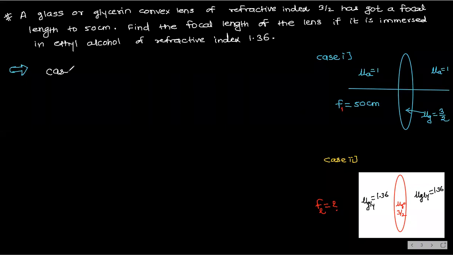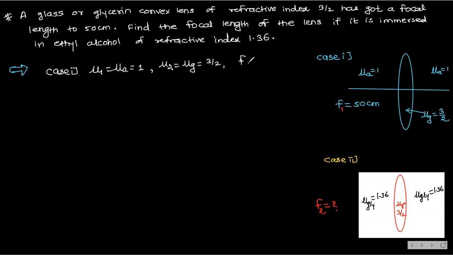In case 1, I am writing clearly, concentrate, concentrate, and only concentrate. Case 1, here mu1 is equal to mu A is equal to 1. Then mu2 is equal to mu G is equal to 3/2. And focal length is given or not, just let it be f.